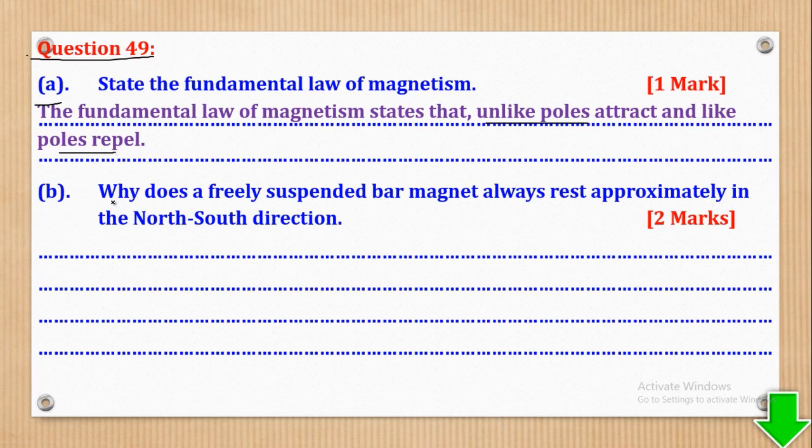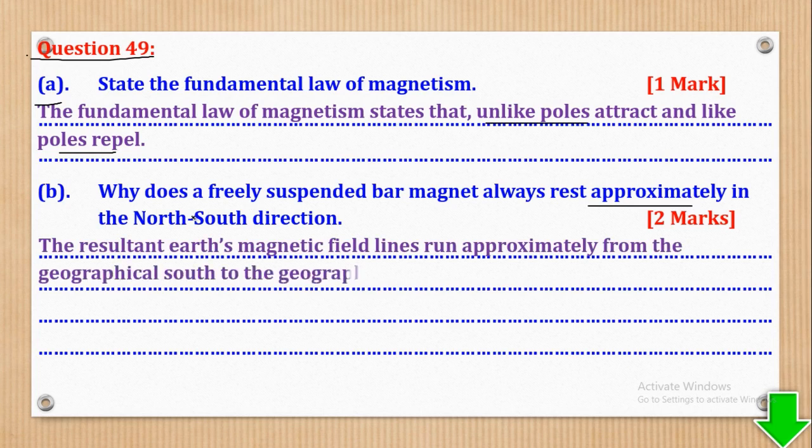Then part B says, why does a freely suspended bar magnet always rest approximately in the north-south direction? So first we shall write that the resultant Earth's magnetic field lines run approximately from geographic south to geographic north. So what does that mean?